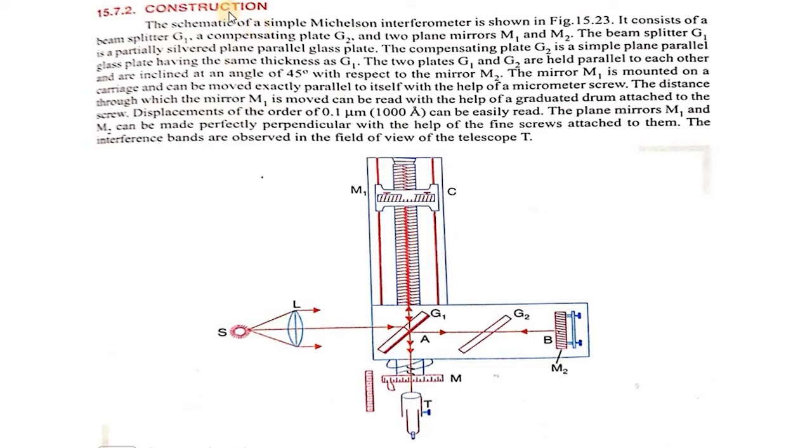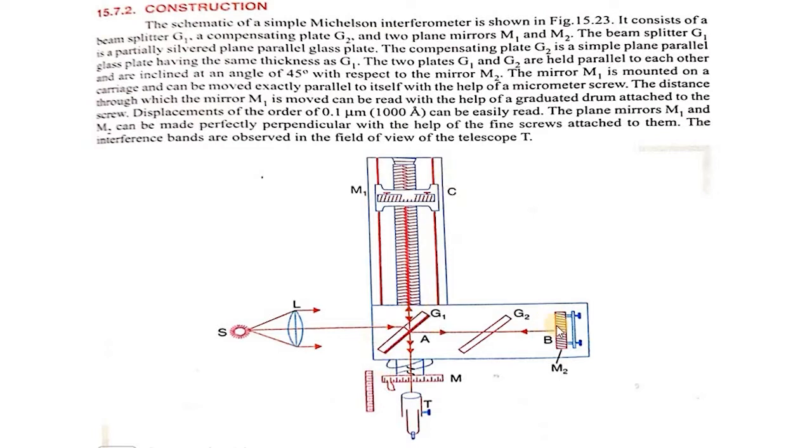The schematic diagram of a simple Michelson interferometer is shown in the figure, and it consists of a beam splitter. You can see G, and just listen carefully. It consists of a source of light, and the light from the source is rendered parallel using a lens, and this light is allowed to fall on the beam splitter G1.